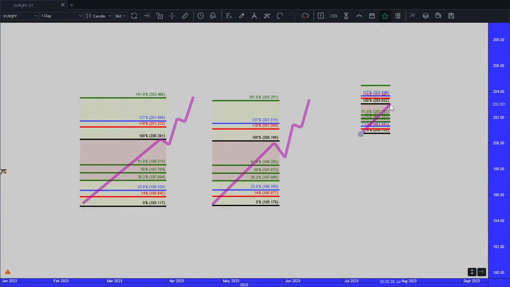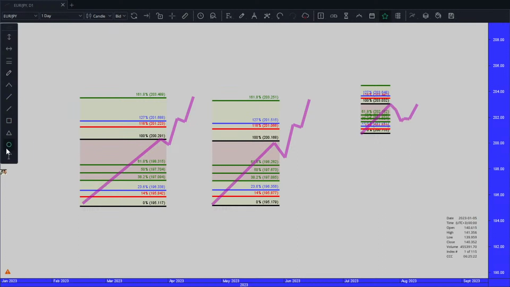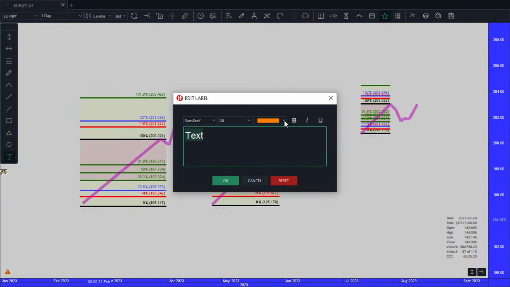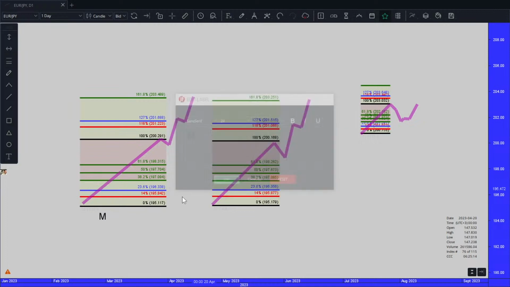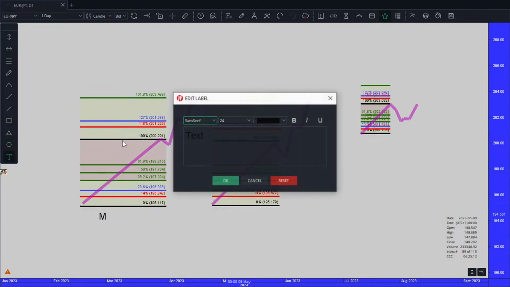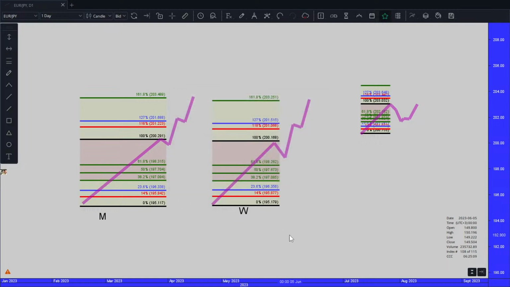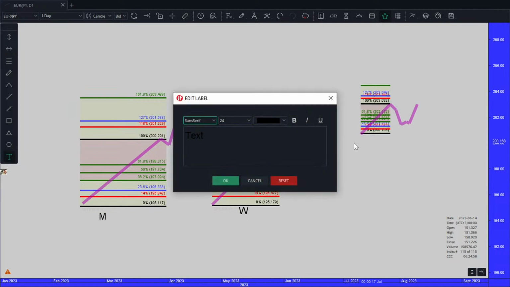What happens when, this is the monthly chart, this is the weekly chart, alright? What happens when you buy the Fibonacci on the 1 hour, 2 hour, 4 hour chart?